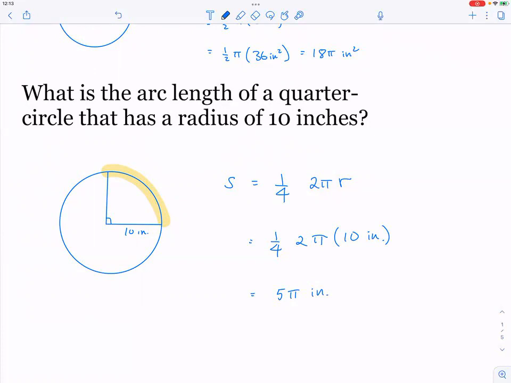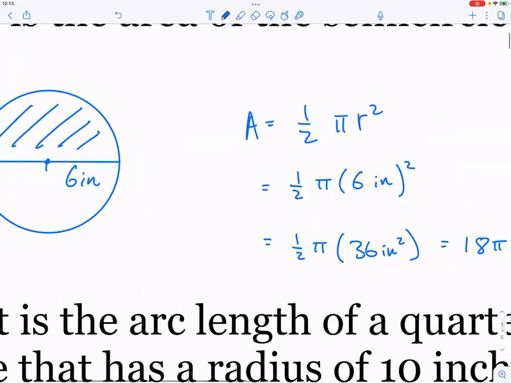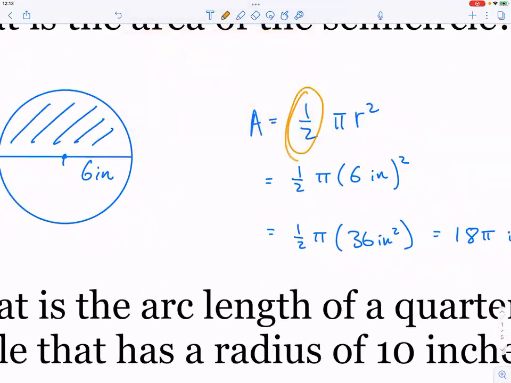Now, I would like to elaborate on where this 1/2 came from. Of course, you will say, well, it's a semicircle, it's 1/2, it's obvious. What I want you to see is that there's something more quantitative that will show you where the 1/2 came from. This 1/2 came from part over whole, and the whole is 360 degrees, and the part is 180 degrees.